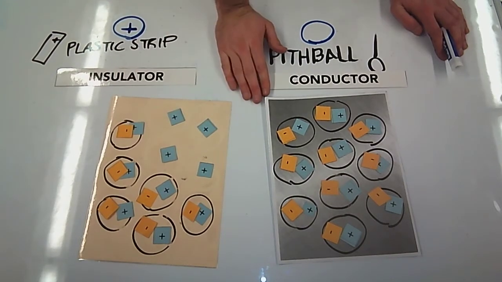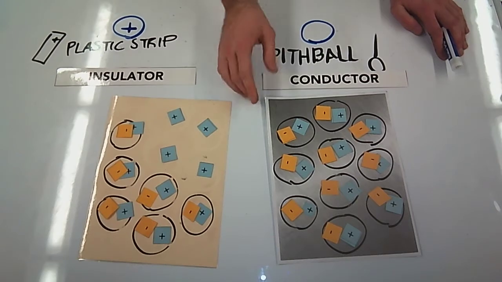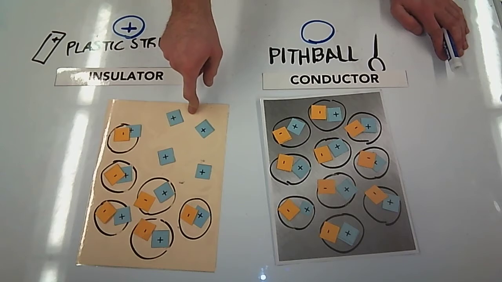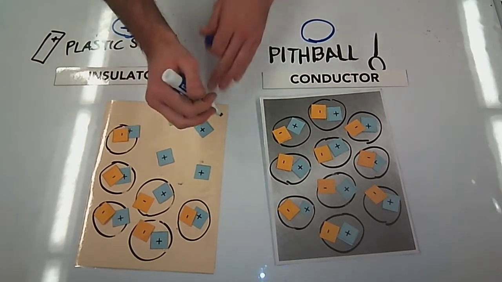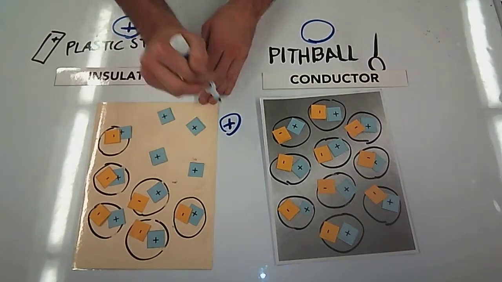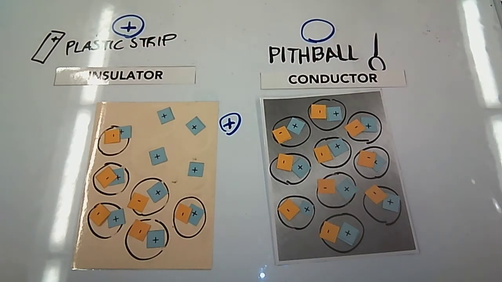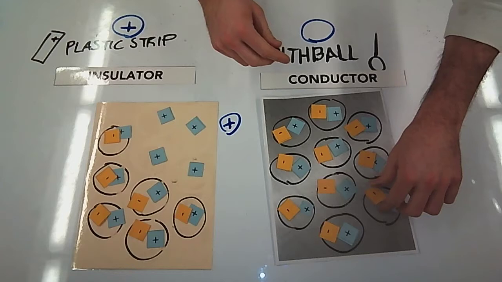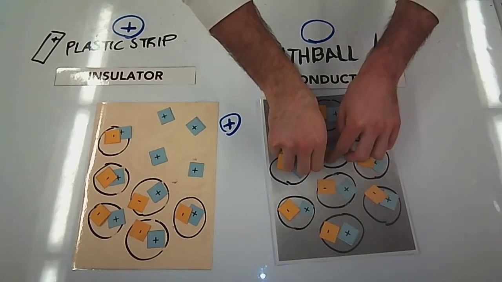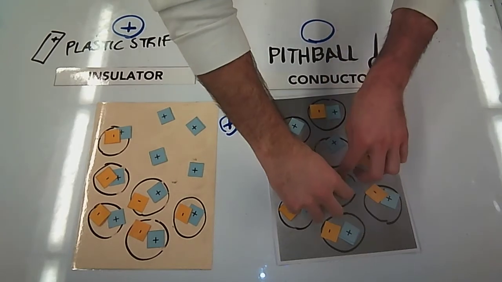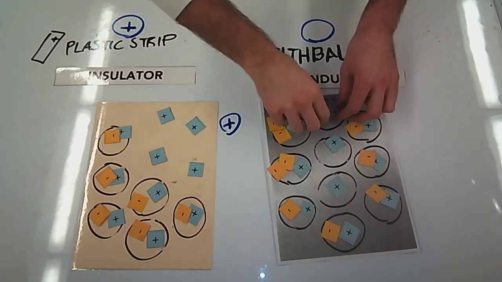So these electrons want to move as close as they can to the positive part of my plastic strip. Can they move? Since this is a conductor, absolutely. So the electrons are going to start to move as close as they can to this positive side of my strip.